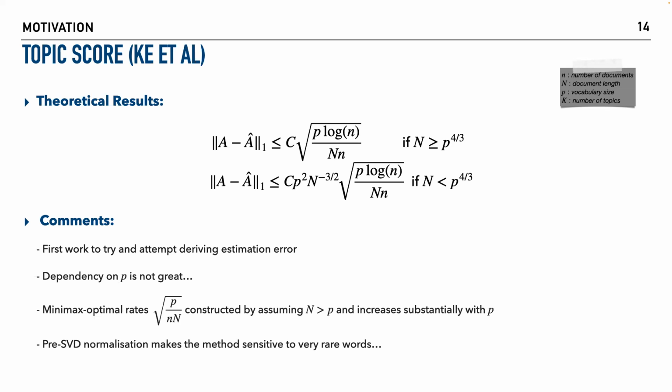But after a while, not all words are relevant for the topic estimation, and very rare words are not necessarily relevant for the topics either. So the idea that this error should depend that much on the dictionary size is not great. You'd expect that after a while, we have enough words and the rest are not relevant.